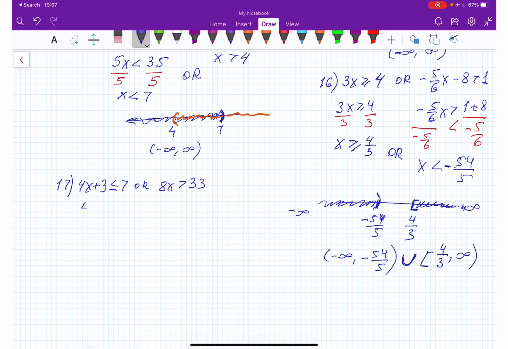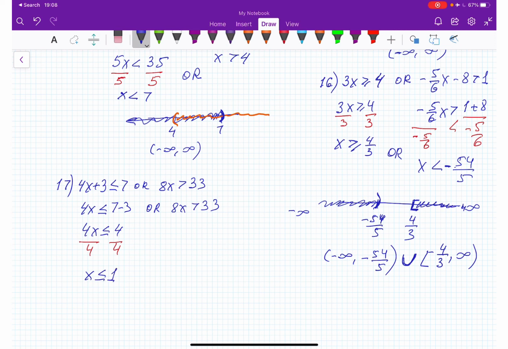So 4x less or equal 7 minus 3, or 8x greater than 33. So 4x less or equal 4. Divide by 4. Okay. And we are getting here x is less or equal 1.